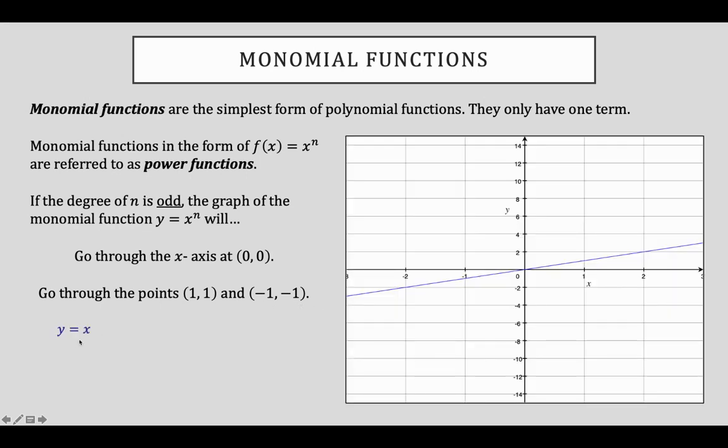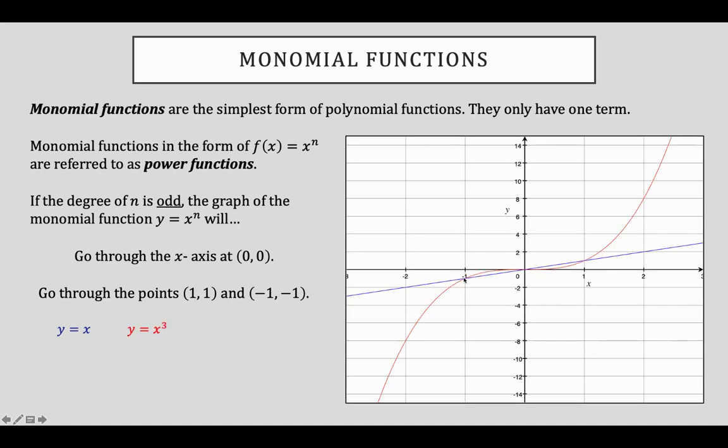Notice here we have a monomial function. This is a power function of degree 1. Yes, it is implied that this is x to the first power. And you all know what y equals x looks like. That's just a line with a slope of 1. And yes, it goes through the origin, goes through the point 1, 1, and goes through the point -1, -1.